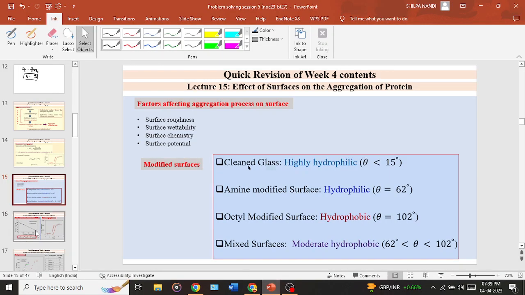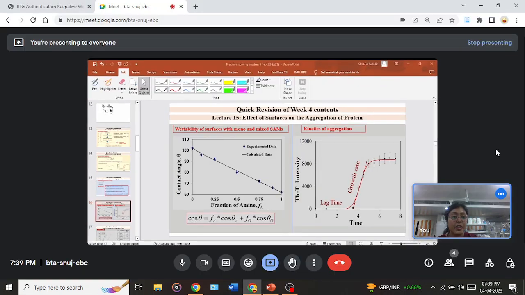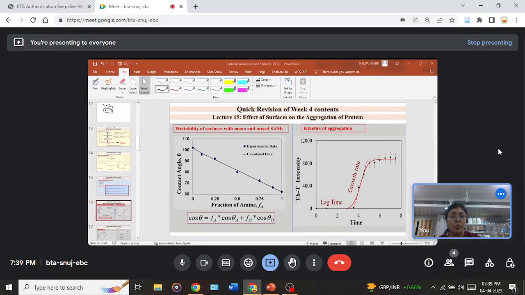Similarly, you can plot these kinds of graphs and know how the wettability of a surface affects protein aggregation.